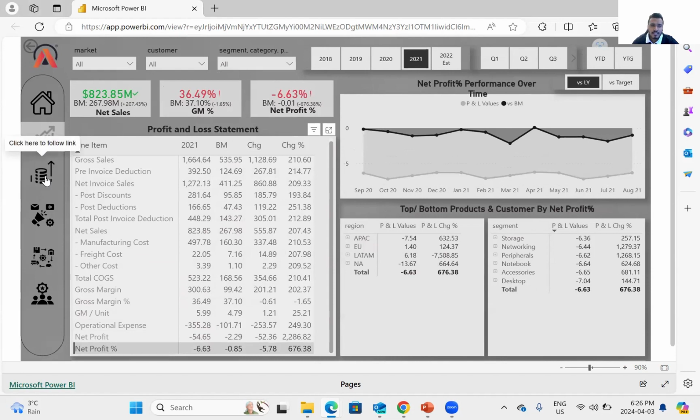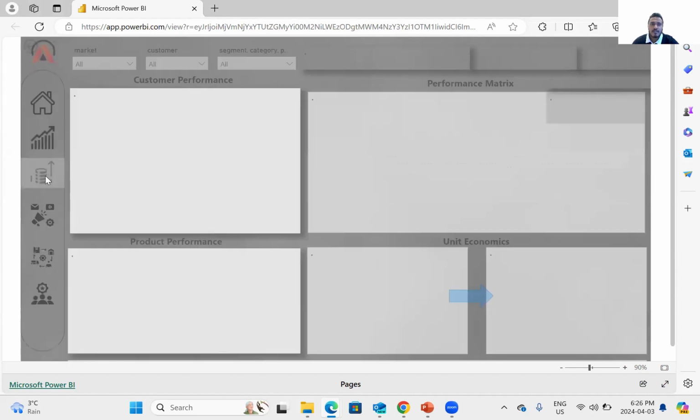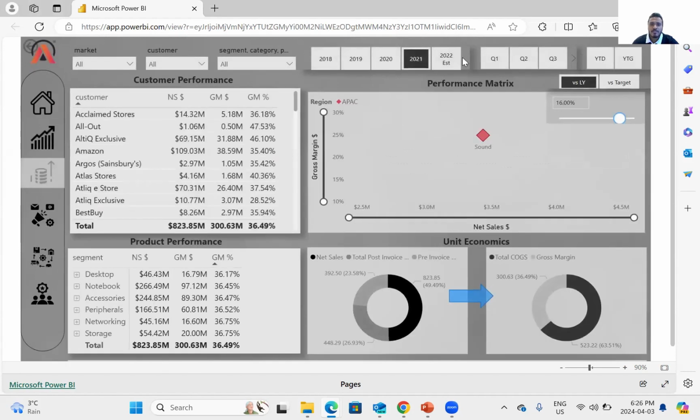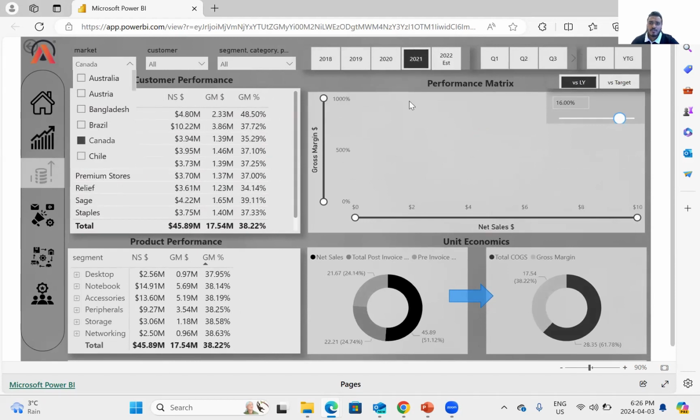And after that, we can go for the sales. We can have a unit economics overview, performance metrics according to the region over region, across gross margin and over net sales. This will also show you, for the market of Canada, let's say, that 16% market is not working for Canada.